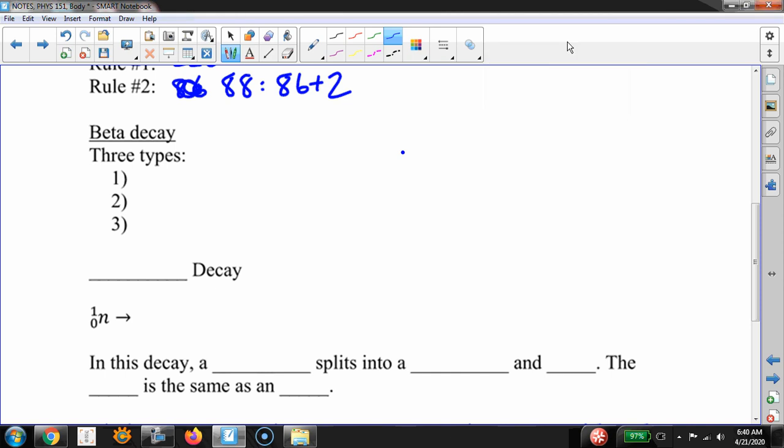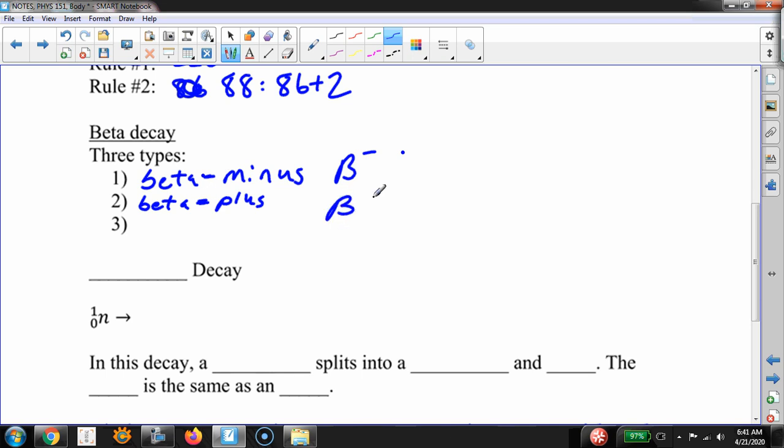Okay, beta decay is a little more complicated than alpha decay. We actually have three different types of beta decay, and we'll look at these in three separate videos. So our three different types are beta minus, and we'll draw that with the Greek letter beta with a negative, beta plus, and then we have electron capture.